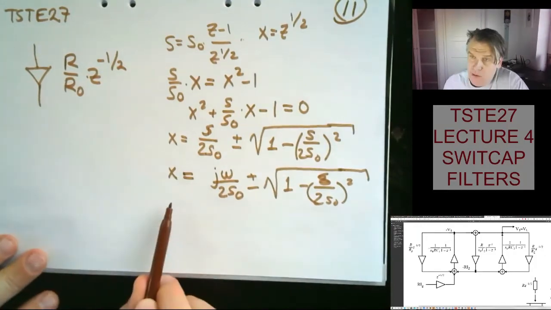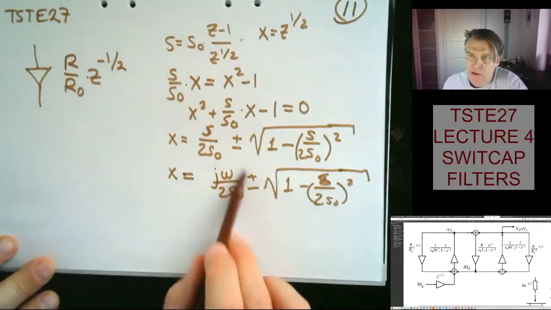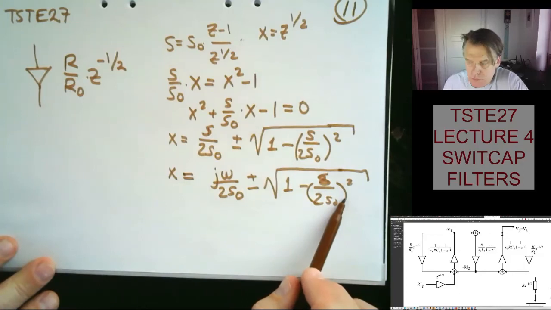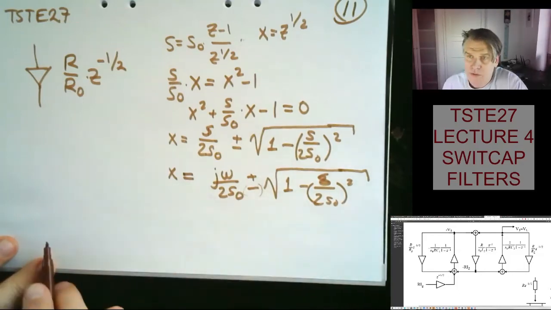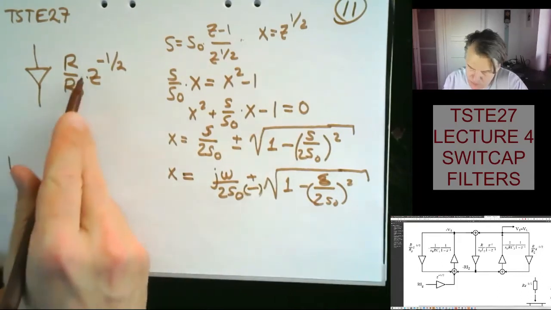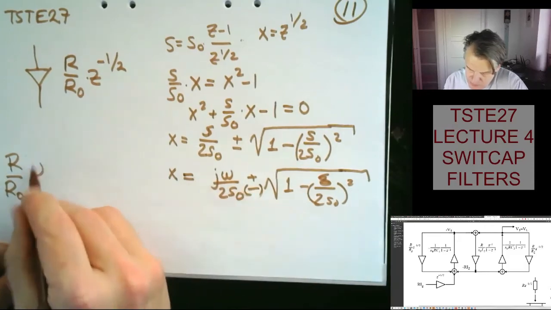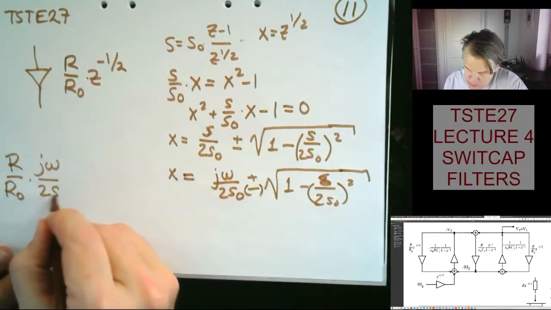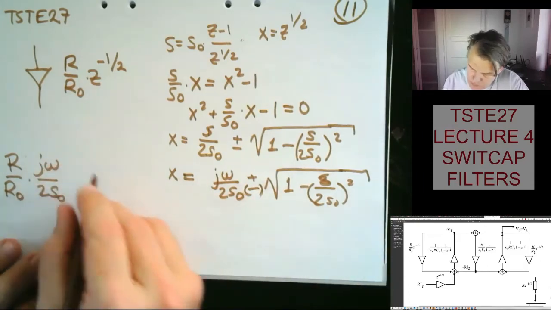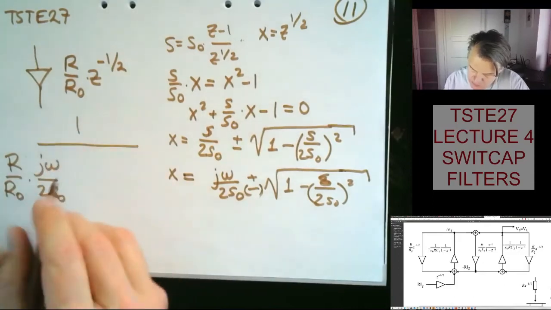The important thing, however, is that I see that my Z to the half here can be written like a complex number plus a real number. One of them can be omitted from the discussion, the minus. And then I get, from this, something like R divided by R naught times the first factor j omega divided by 2S naught. And sorry, we should have 1 over here too, like this.